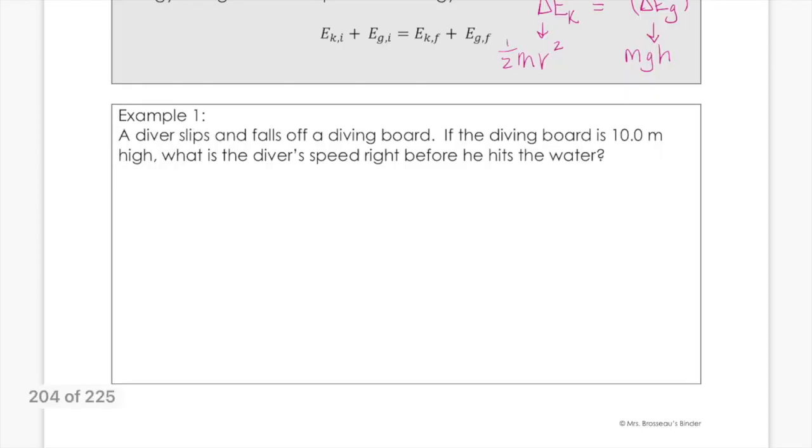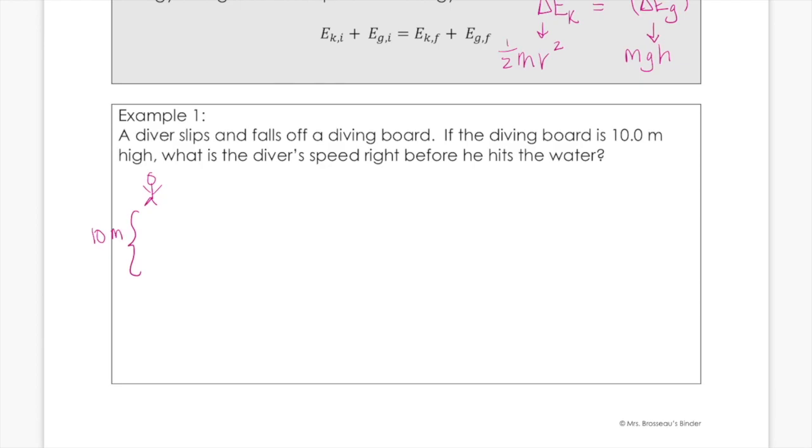For the first example here, a diver slips and falls off a diving board. If the diving board is 10 meters high, what's the diver's speed right before he hits the water? Just to draw out our diagram, I have my person standing on the diving board that is 10 meters high.